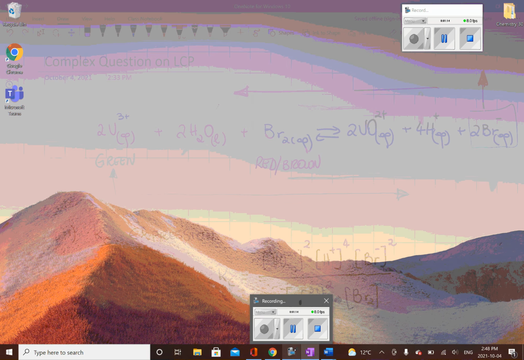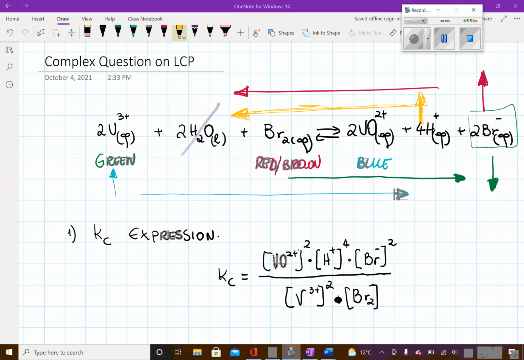Now what we will do is we will see how we can graph those changes that we expressed into a Le Chatelier principle graph.